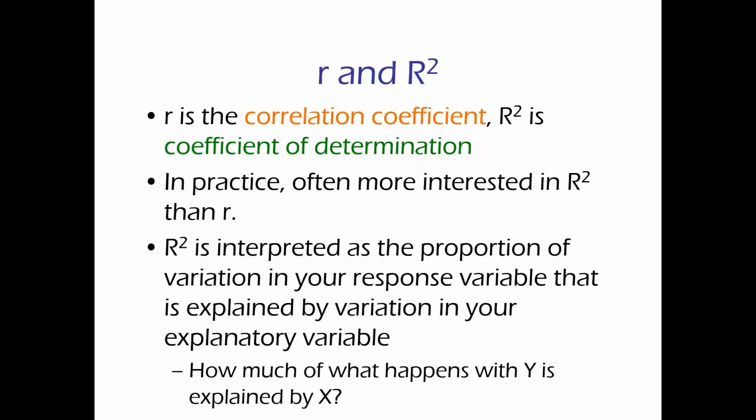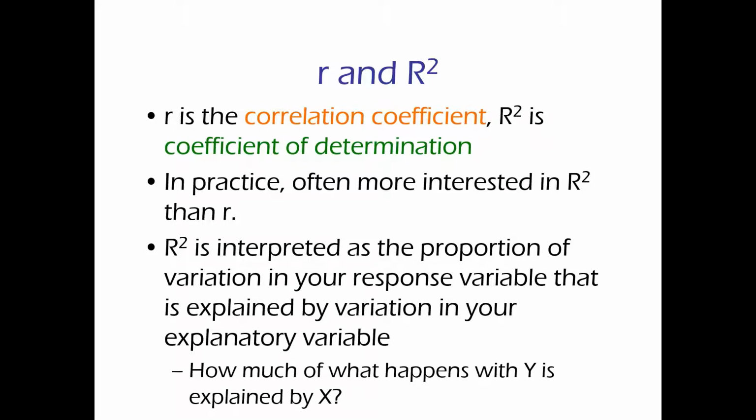Now, let me introduce another test statistic in correlation, which is R squared. You can see we use the capital R here. Mathematically, if you square your R value, you will get your R squared value, which is easy.